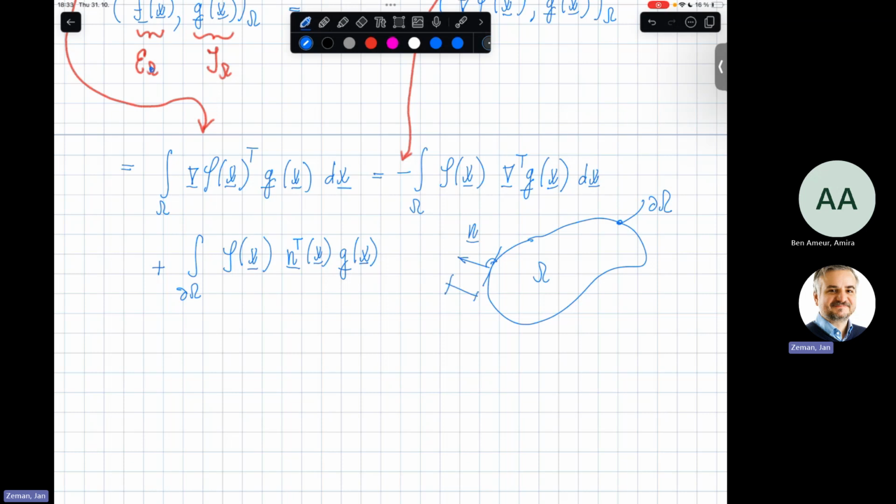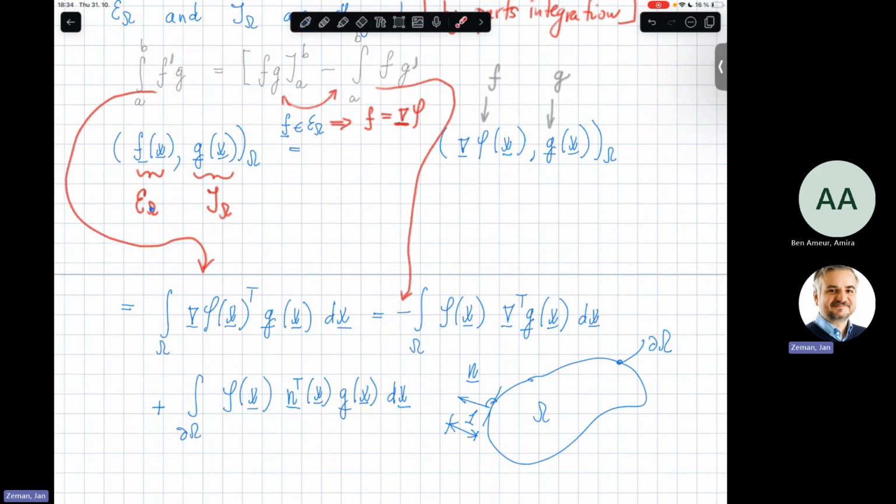And unit means that it is of length 1, its norm is 1, and the components of n are dimensionless because these correspond to directional cosines. Okay? So this is precisely what I get, and what this 1D formula tells me is precisely what is written here generalized to the multidimensional case.